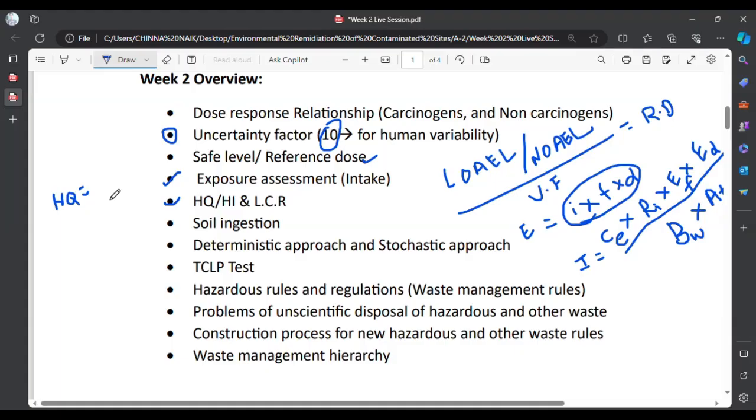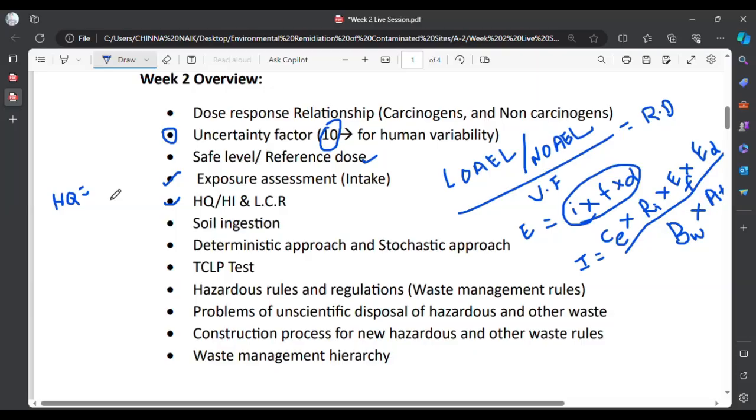So hazard index we use for non-carcinogens, and LCR or lifetime cancer risk we use for carcinogens. There are two factors we already know from the first week itself to assess the risk. Reference dose we use for non-carcinogens, and slope factor we use for carcinogens.